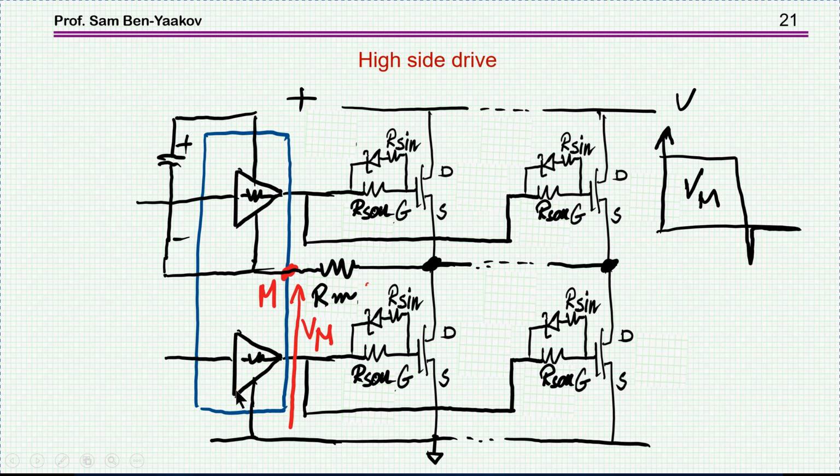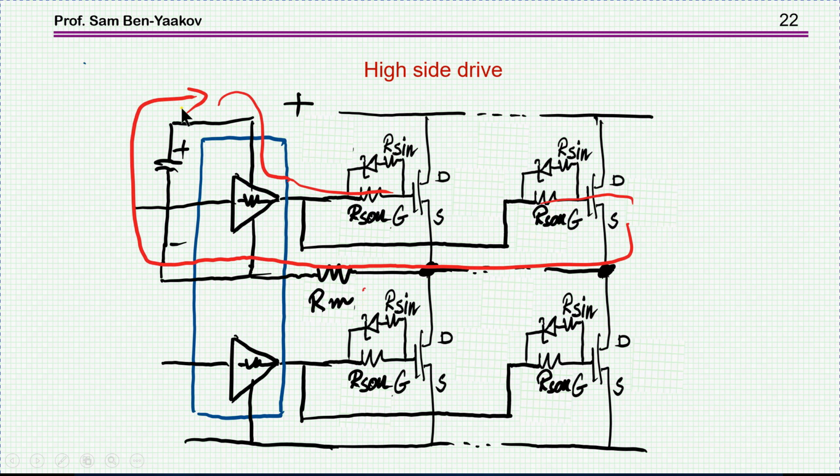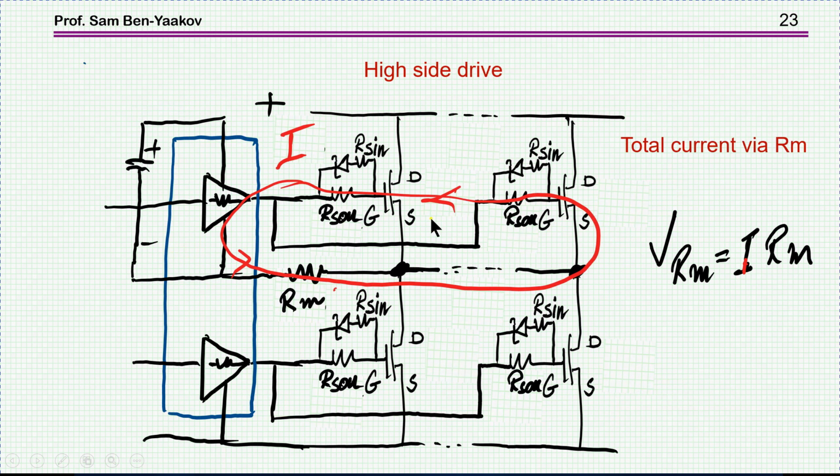So in order to protect the driver, one way to do it is to put here a resistor which is sort of limiting the current that you have here going through this process. Now once you put this resistor, and this is now our issue here in this presentation, it actually becomes part of the gate drive because during the turn on, actually you are passing all the current through it, and during the turn off you're also passing the current through it.